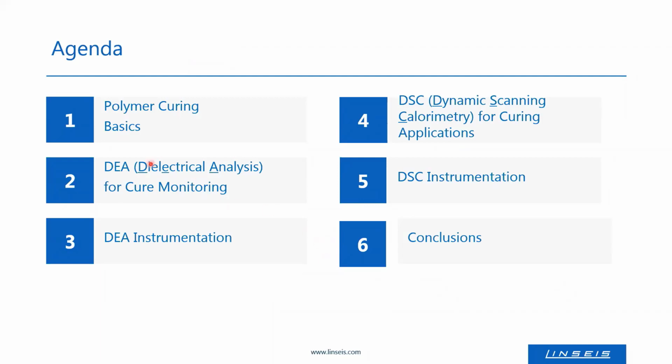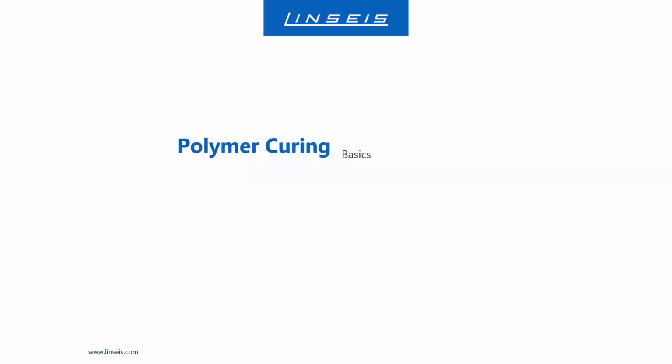The first one is called dielectrical analysis, DEA, and the second one, which we will see in detail, is differential scanning calorimetry, or short DSC. Let's start first with some basics about polymer curing before we go into the measurement techniques to analyze the processes.